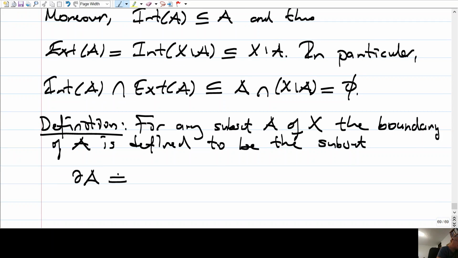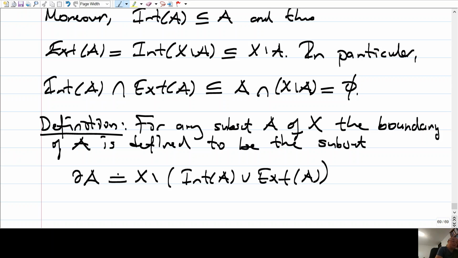Definition: boundary of A is X minus, I take out interior and exterior from X. Whatever is left is defined to be the boundary of A.